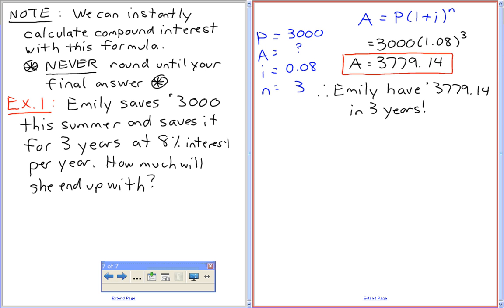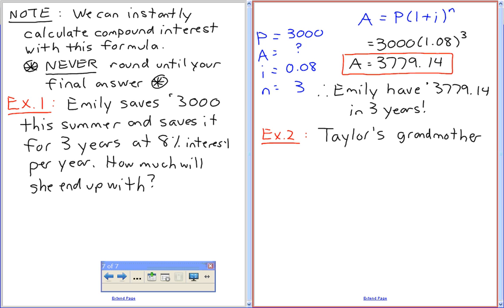Okay. Example 2. So there's savings bonds. I don't know if it was 100 or 1,000. Okay, I'm going to use 1,000. Example 2 is going to be Taylor's grandmother. This isn't the rabbit one. This is the different one.